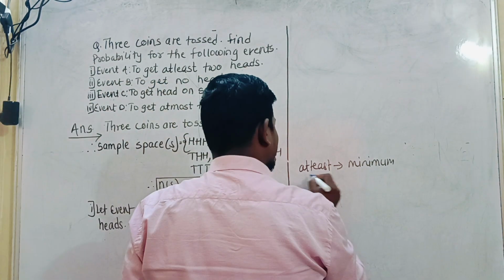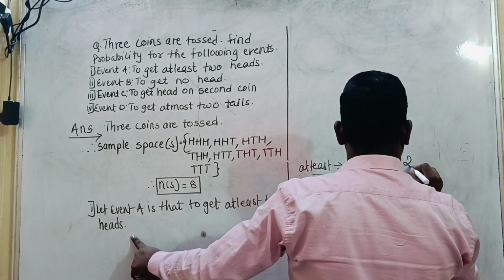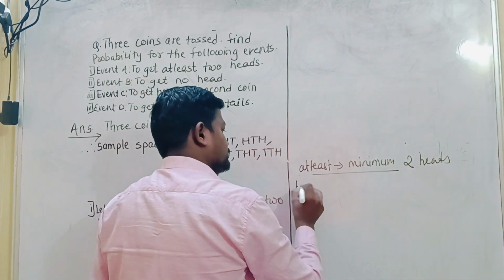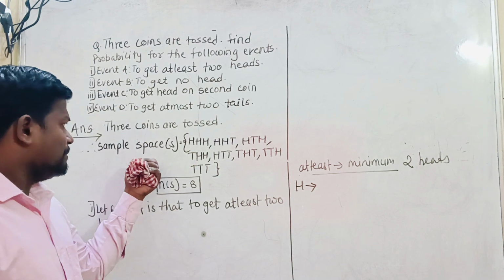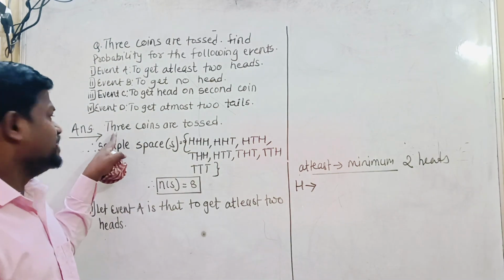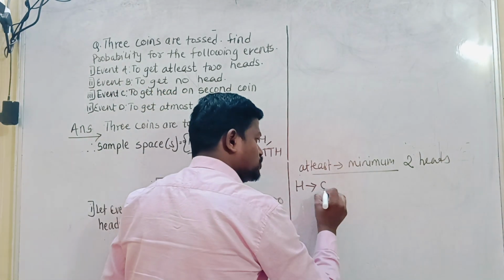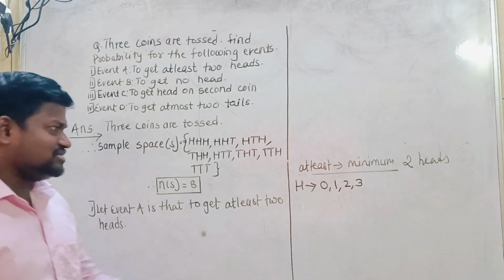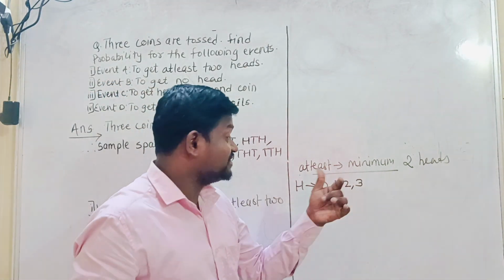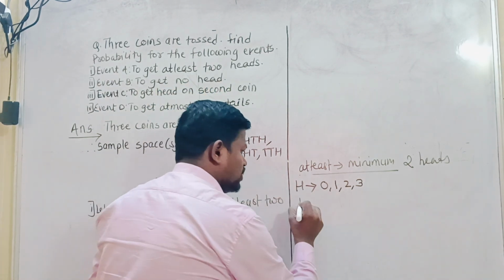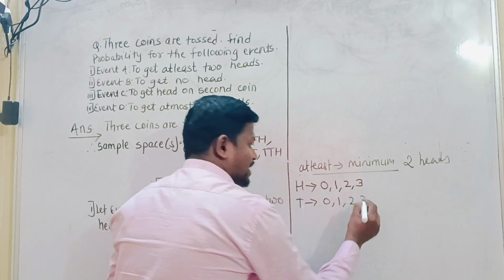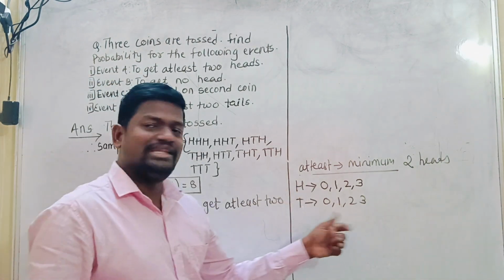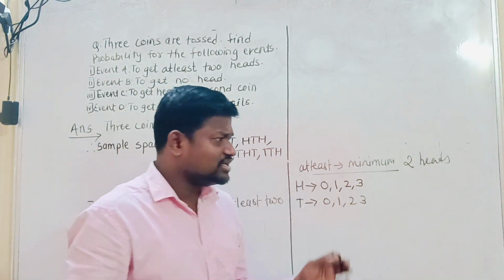So we have to find a minimum of two heads. When we toss three coins, we get 0 head, 1 head, 2 heads, or at most 3 heads. This is the number of heads we can get, and the same is for tails. So the maximum number from the sample space for heads is 3 and for tails is 3, and the minimum is 0.